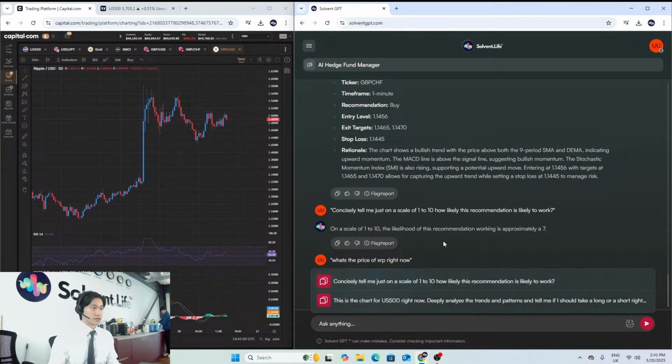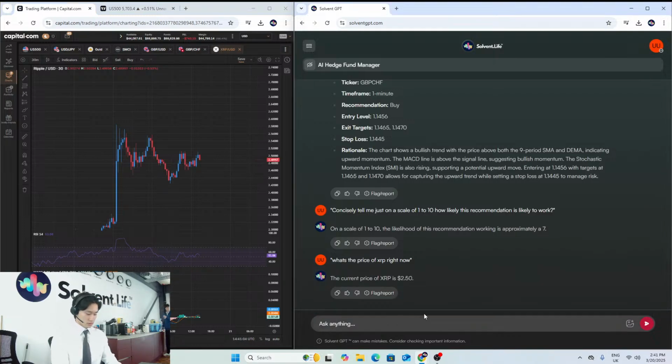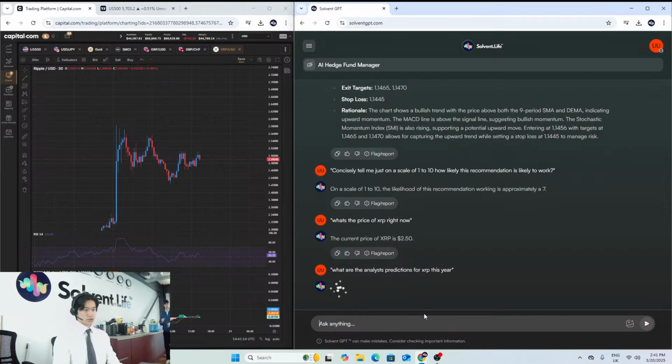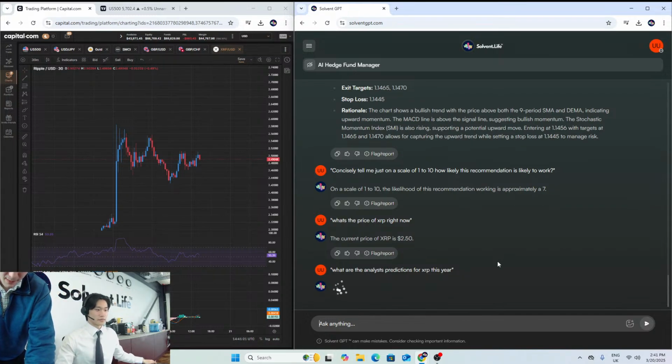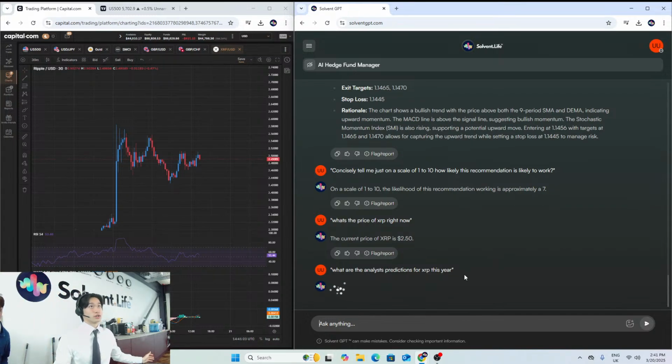Current price of XRP is $2.50. See, what are the analysts' predictions for XRP this year? We were seeing 50, 100 US dollars just 3 weeks ago. That's what analysts were predicting. But we'll see what it is now after the changes.